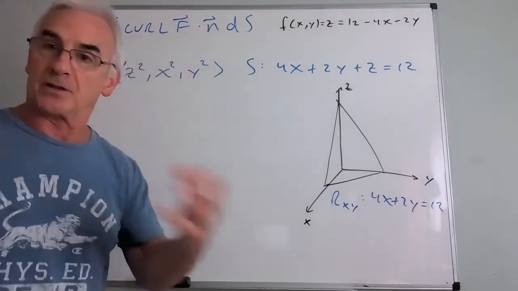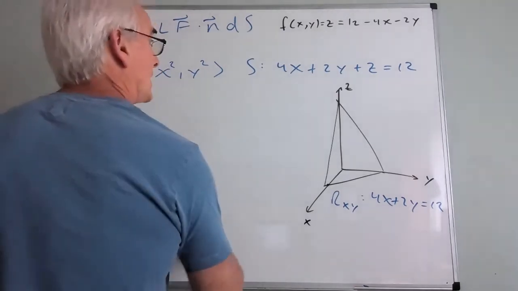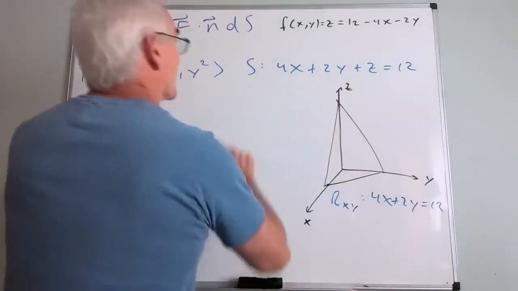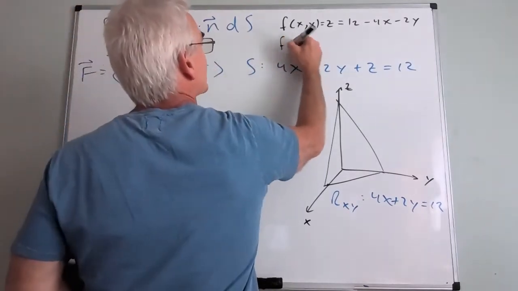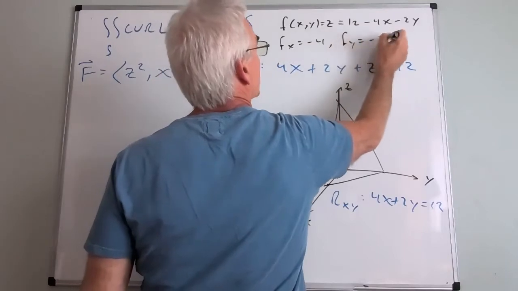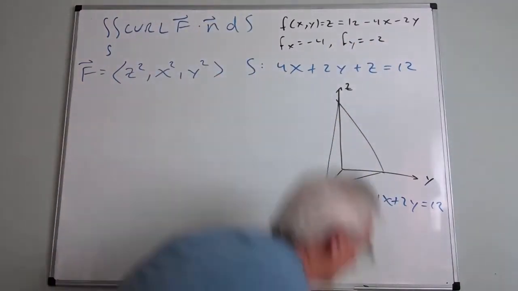And we know that there's a lot of similarities. So my fx is -4. My fy is -2. So I'll do my dS right here.